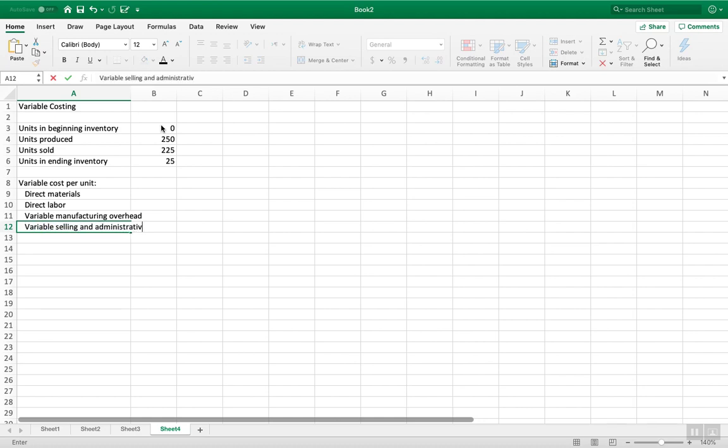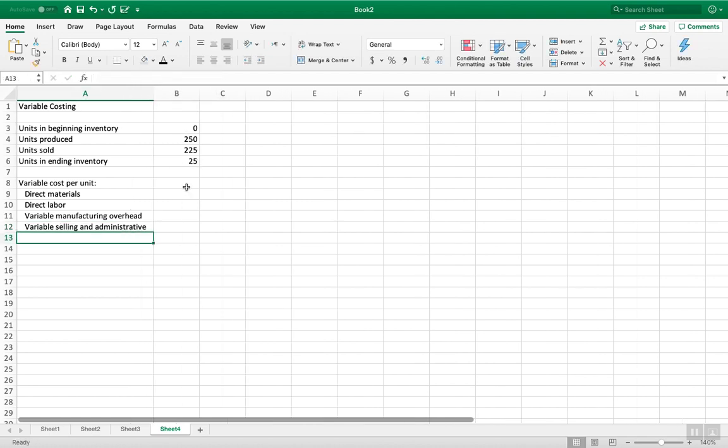So this is not a production cost, but it is a variable cost. And so make sure you know what you're calculating and what you're using. And so in variable costing, we want to make sure we have all of this information in front of us. And just using some random numbers here to help us talk about this new type of internal managerial accounting.